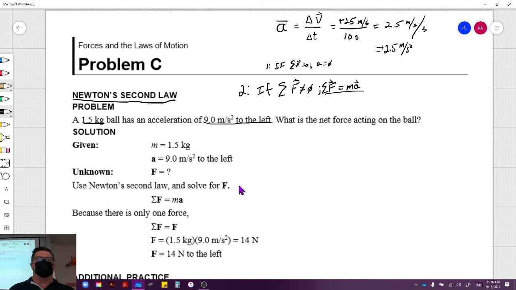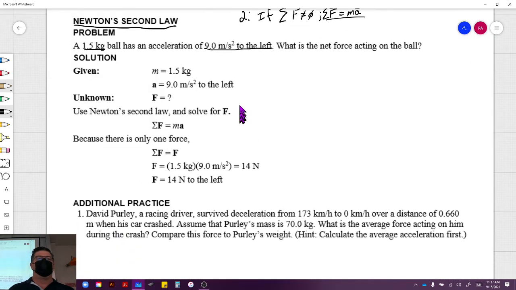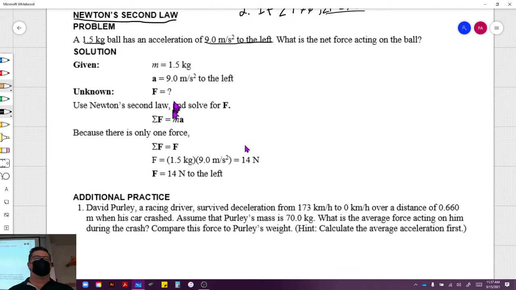Well, if we use Newton's second law, the sum of our forces, our net force, equals our mass times acceleration. Because there is only one force, we're just looking for the net force. Okay, that's what our F equals. I'll pause for a sec.